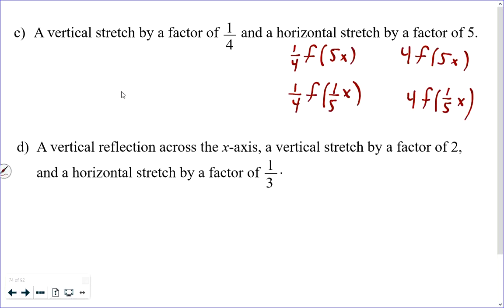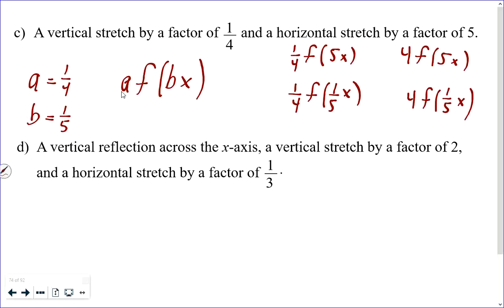If we're stretching vertically by a factor of 1/4, then a is 1/4. If we're stretching horizontally by a factor of 5, then b is 1/5. So a f of bx, we put those parameters into the equation.